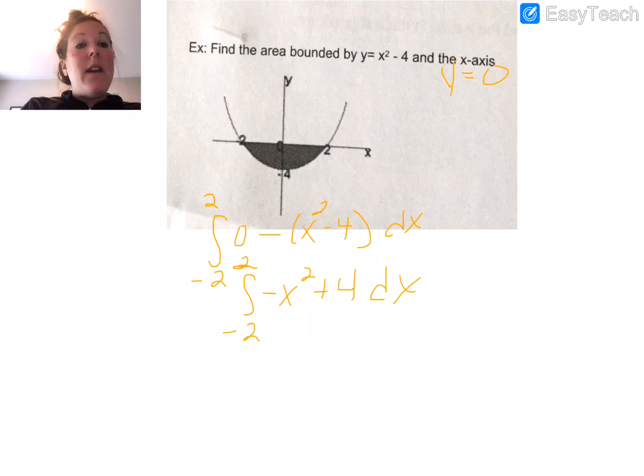What I'm going to have you do now is pause the video, do out all of the integral calculation work, and find that area. I'll move on in the next slide.